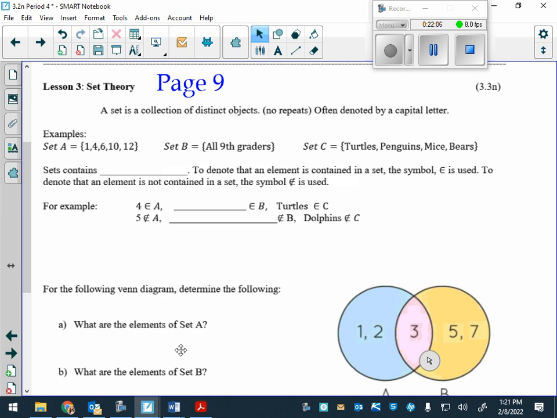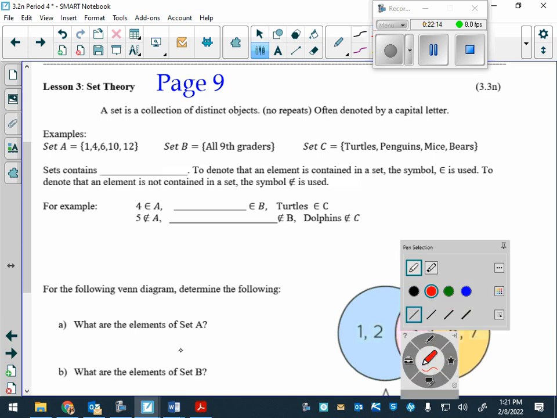So set A is 1, 4, 6, 10, 12. Set B, all ninth graders, is an example. Set C is turtles, penguins, mice, and bears. Those things that are within the set are called elements. Elements make up a set, okay?